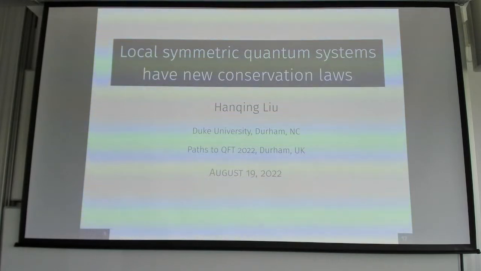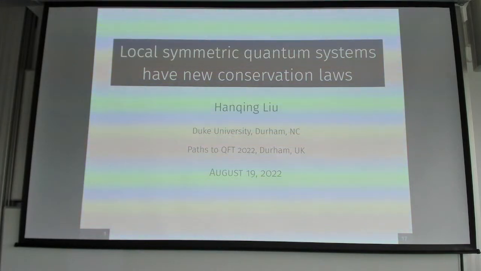Because locality and symmetry are very important in this work, I want to carefully define them. Symmetry here just means global symmetry. And locality here, for example, if I say two-local, it means a two-body interaction. That means a Hamiltonian which only acts on two sites at a time, but we don't require any geometry of the lattice.